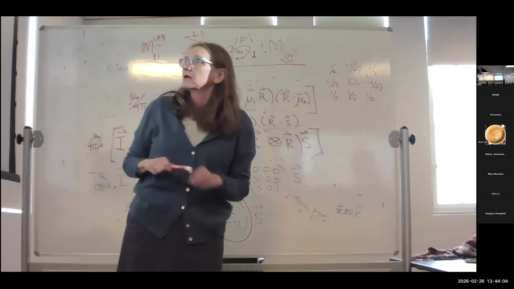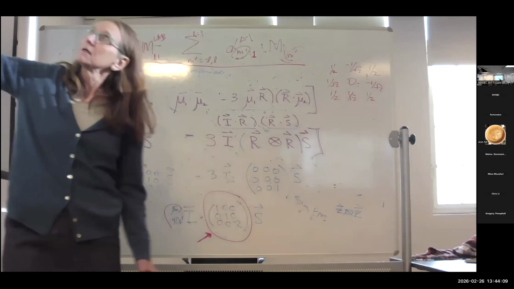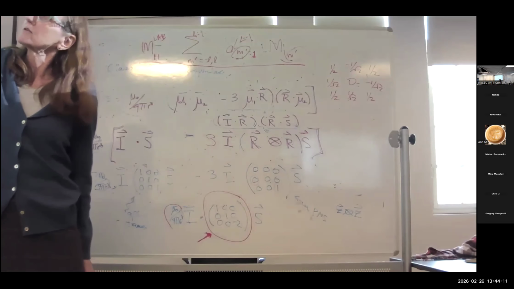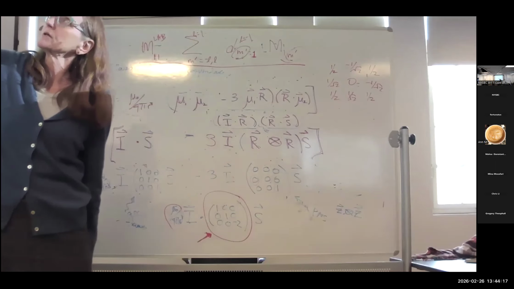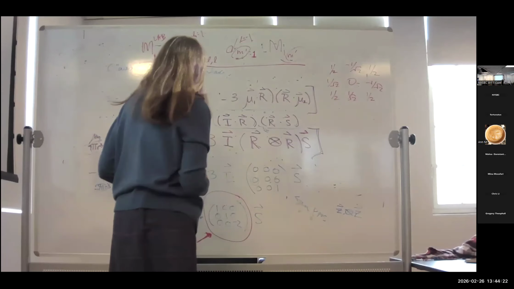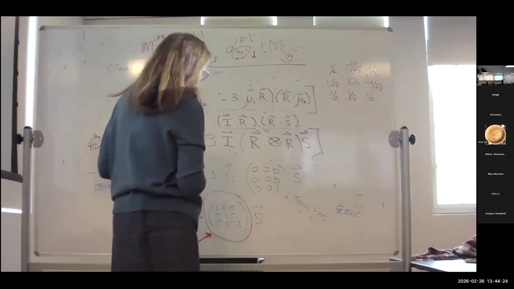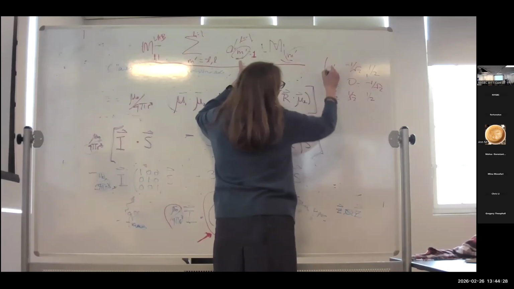So in the original frame, these are the components. When we have M prime equals 1, we'll use this one. When we have M prime equals 0, we'll use 0. When we use M prime minus 1, we'll have minus 1 over root 2. And then we calculated these things, and we're in this row here.